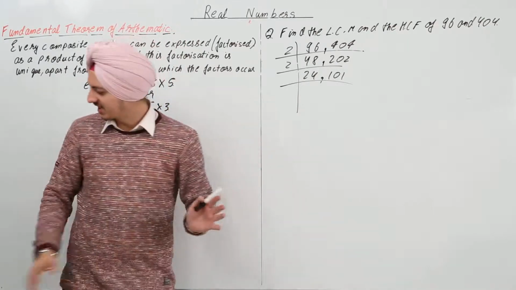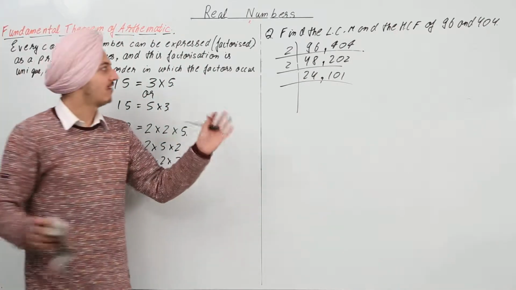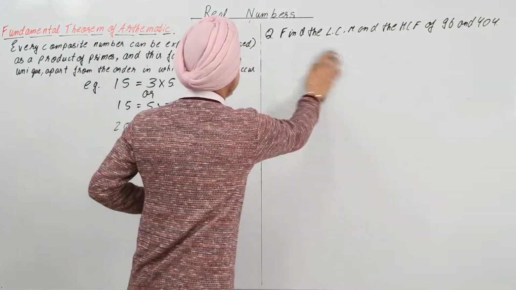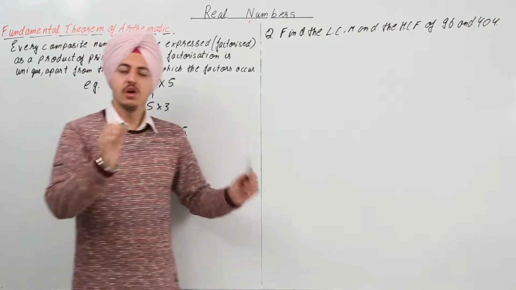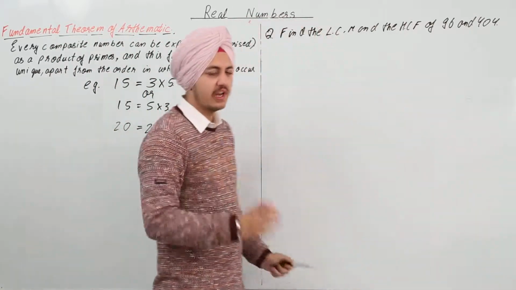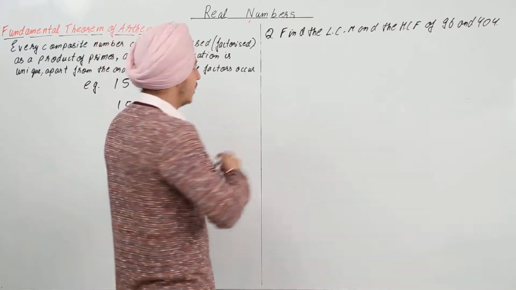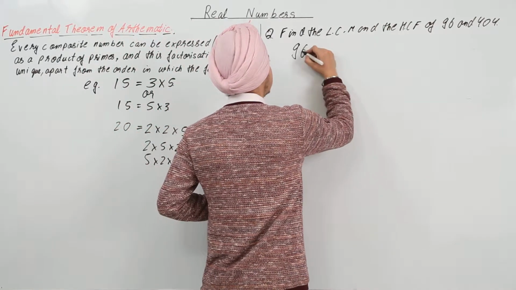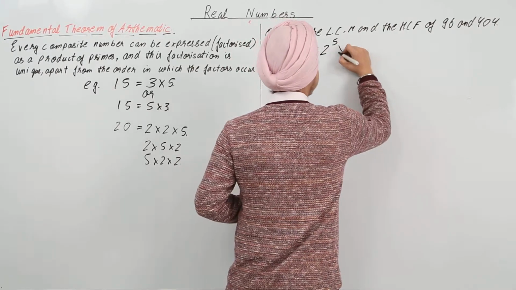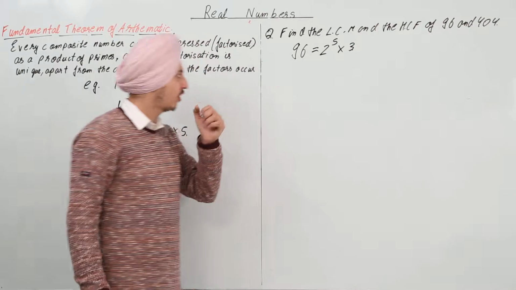Now this method is again similar, but we don't have to write it in this way, correct? So how do we do that? First of all, we express 96 and 404 in their primes, right? So 96 over here can be written as 2 raised to power 5 into 3. Now I have already done this.